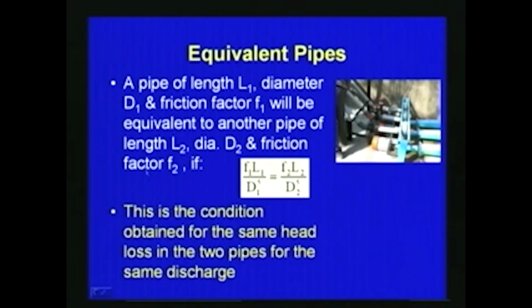If the discharge is the same, we can use the Darcy-Weisbach equation, and with the assumption of the same head loss between the two pipes, we can equate the Darcy-Weisbach equations for the pipes and write f1 L1 by D1 to the power 5 equal to f2 L2 by D2 to the power 5. From this, where the lengths are known and f1, f2 are known, we can find what D2 will be in terms of D1, and like that we can calculate the equivalent pipes for the given system using this equation.